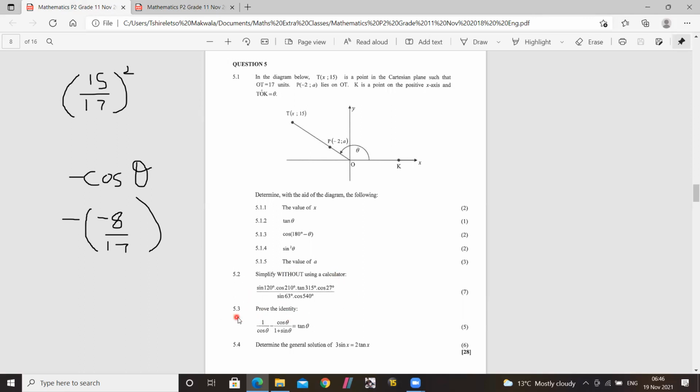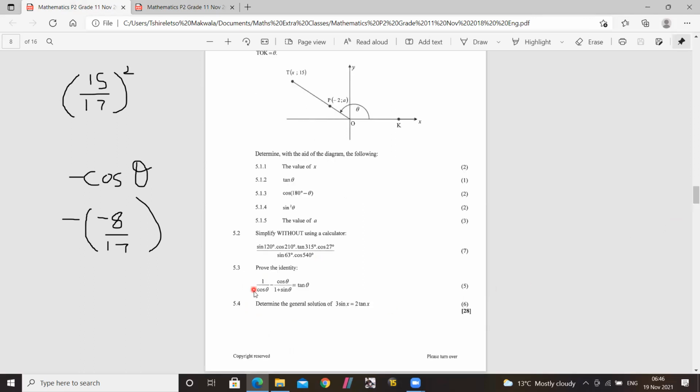Then 5.3, prove the identity. So even here it's the same thing. It's not something that I can really give you a technique for. This one is practice, and even this one. So these two are just really practice.